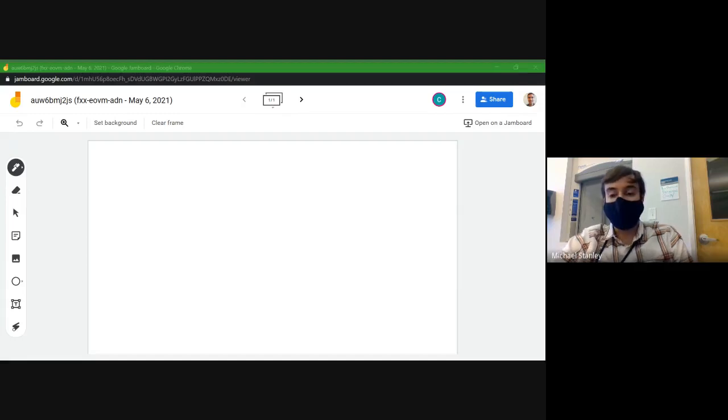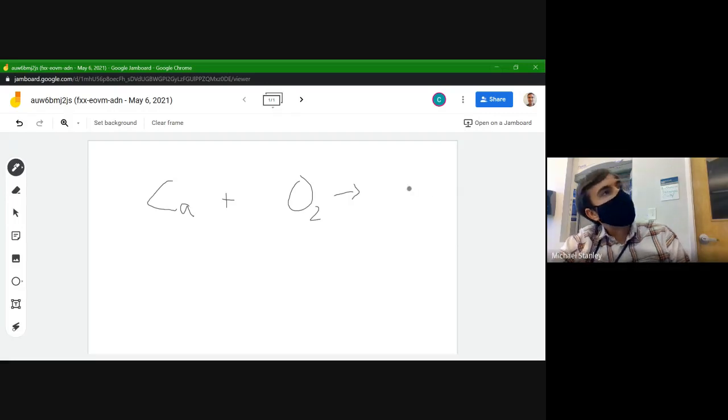All right, so our first example that we are going to work on looks something like this. Calcium plus O2, oxygen, gives us the compound CaO.